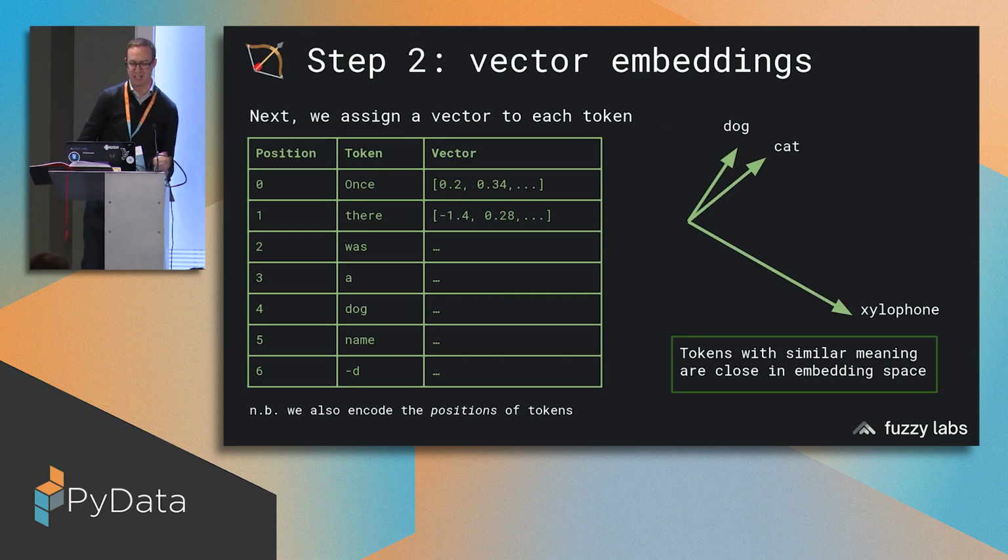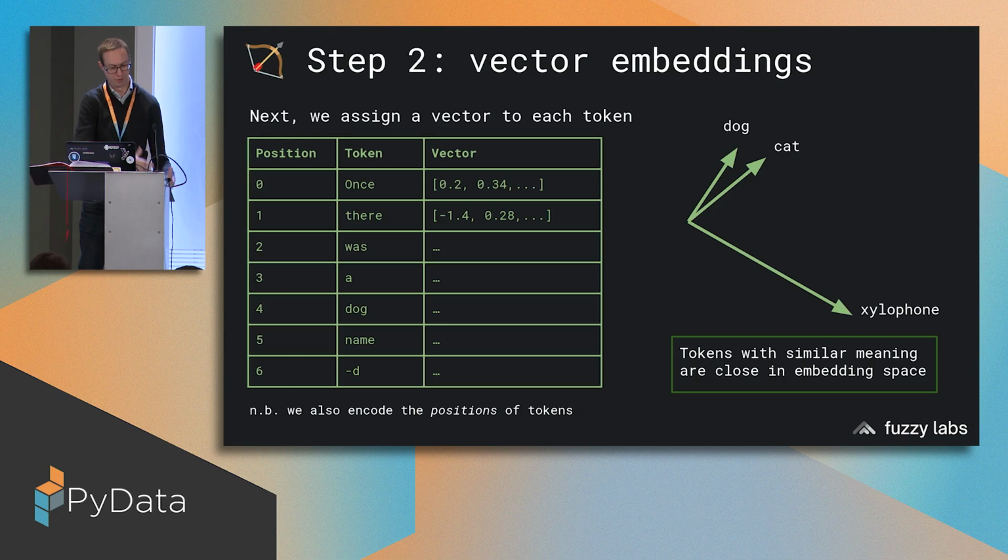Next, what we want to do is take each of our tokens and assign them a vector. The reason we do that is because we want to imbue the transformer with a notion of meaning. So what do these tokens actually mean to us? The idea is that we construct a vector space with the property that tokens that mean similar things are geometrically close to one another.